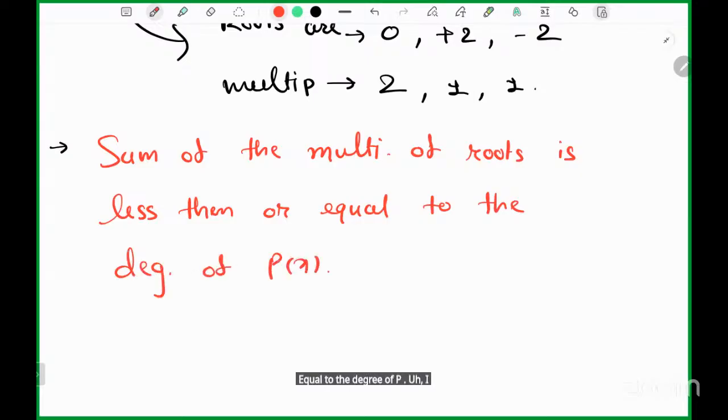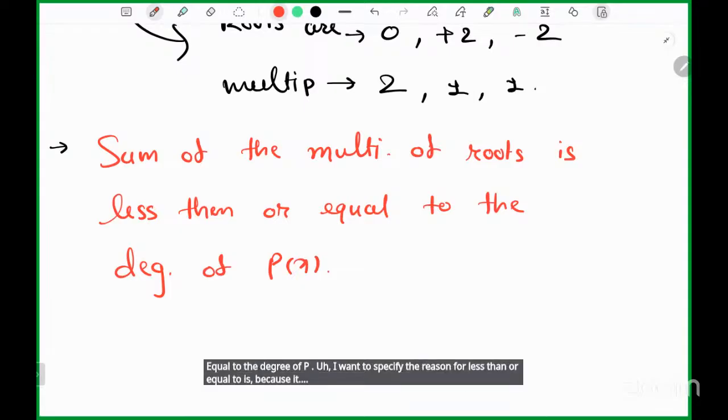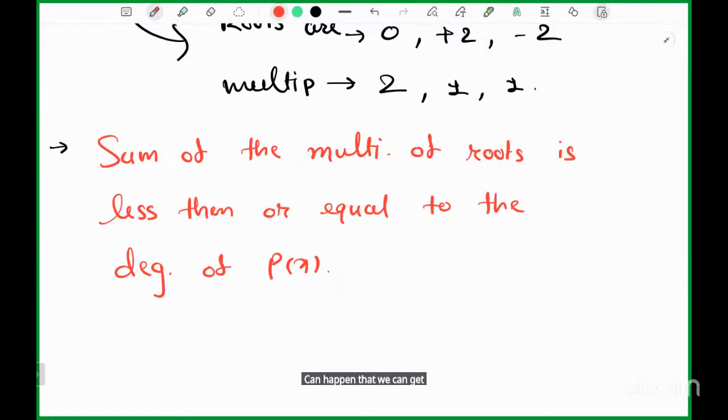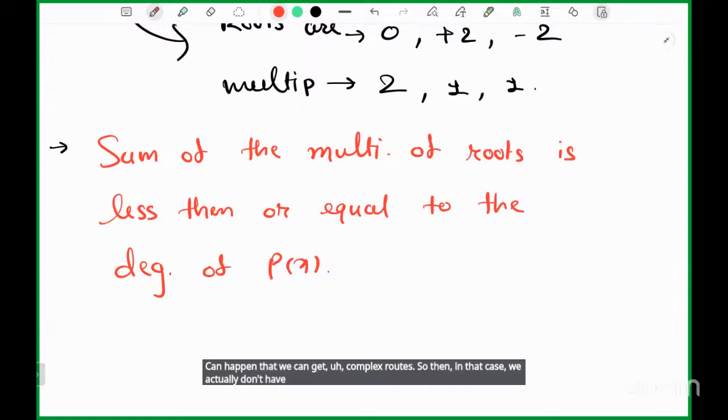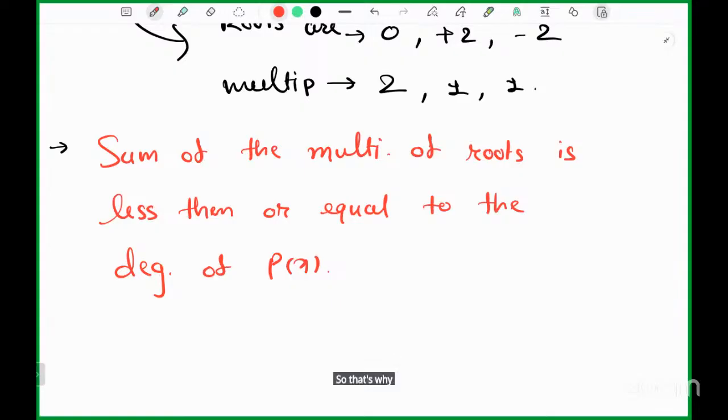The reason for less than or equal to is that we can get complex roots, and in that case we don't have real factors for those roots. That's why we are using the less than or equal to.